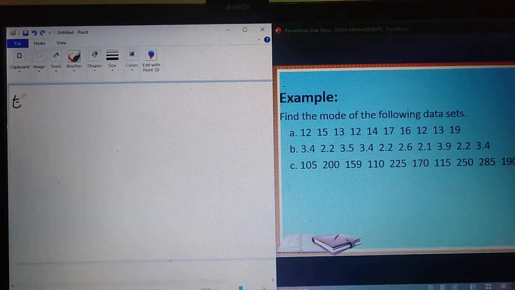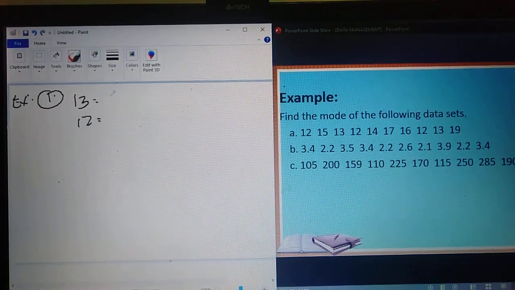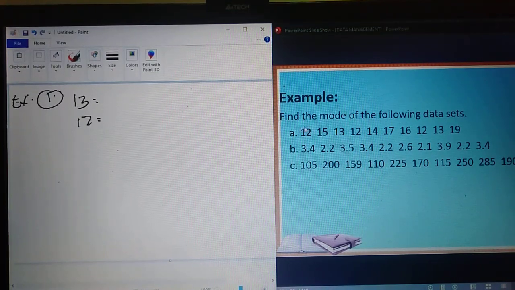1. Example 1. Ayan. 5, 15, 13, 12. Okay, naulit si 13. Naulit din si 12. Ilang beses naulit si 13? We have 1, 2.